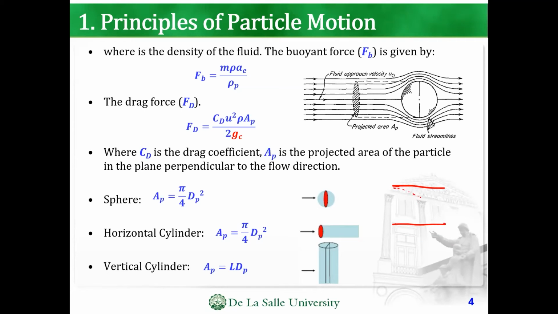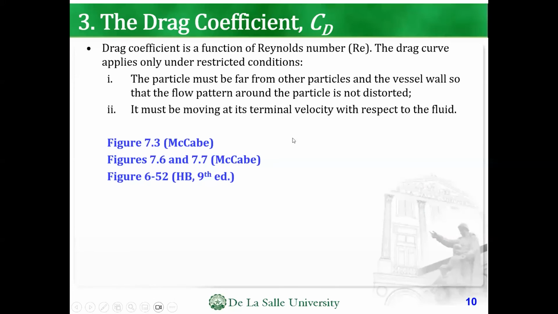You have to remember that the motion would be something like this, right? The velocity would be biggest in the middle, and then it would have friction on the sides. So it's a bit smaller as it goes nearer and nearer the sides. Can you understand? Number two, it must be moving at its terminal velocity with respect to the fluid for you to consider the drag coefficient.